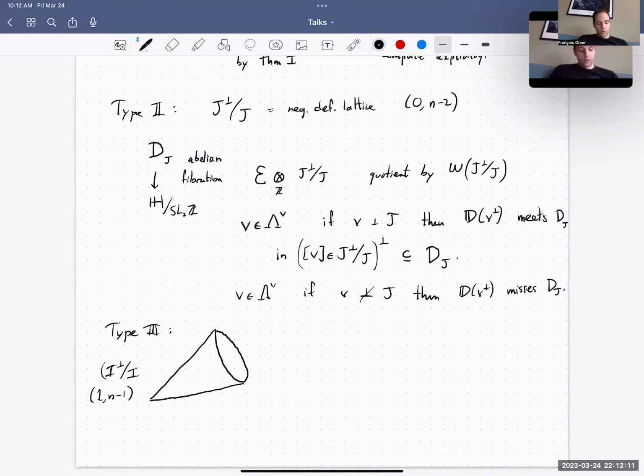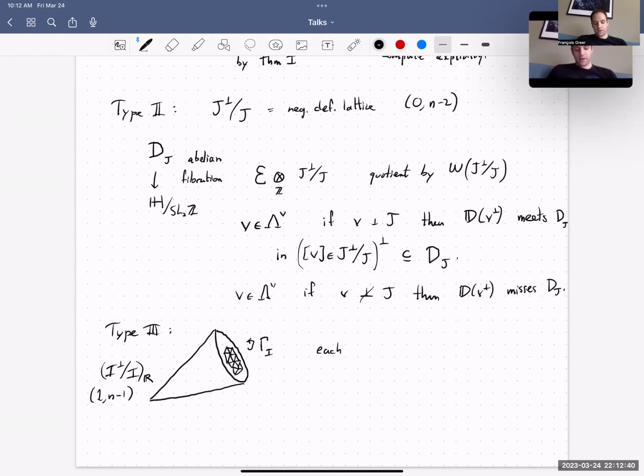And if we look at the real points of it, it contains this positive cone, and we've chosen a locally polyhedral decomposition of the cone, which is equivariant with respect to the action of gamma, or rather the stabilizer of I inside gamma. Okay, so gamma I acts on this cone, and we're assuming that it also acts on this polyhedral decomposition.